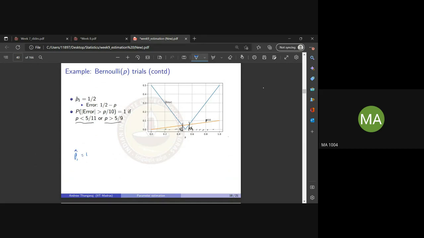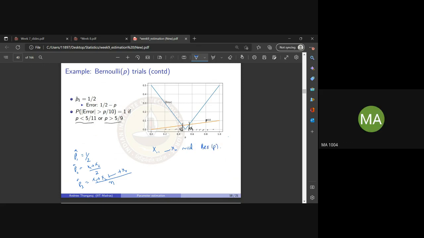P1 hat equal 1 by 2, P2 hat equal (X1 plus X2) by 2, and P3 hat equal (X1 plus X2 and so on plus Xn) upon n. And you had X1, X2 up to Xn coming from IID Bernoulli P.